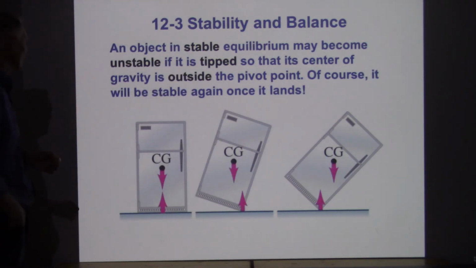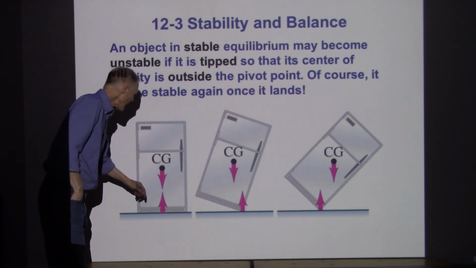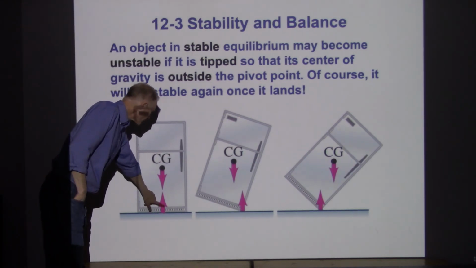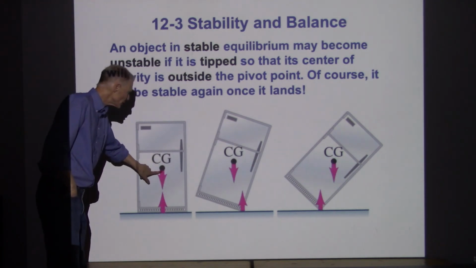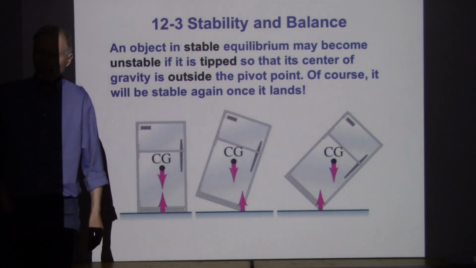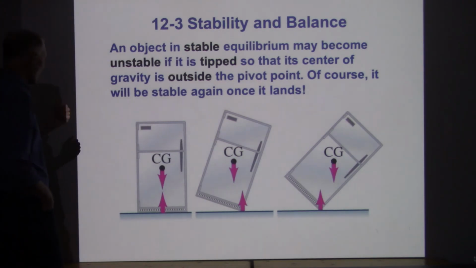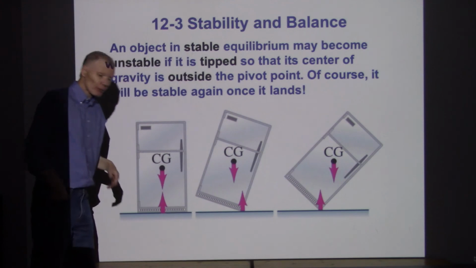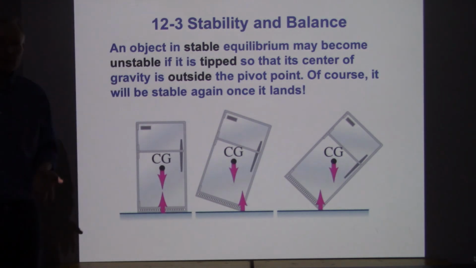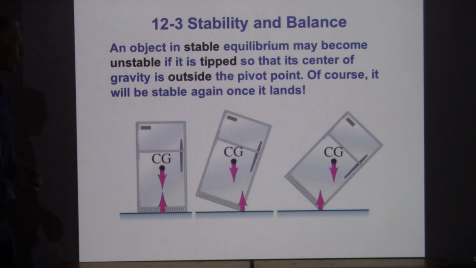Here's a refrigerator, and the two forces acting are the normal force and the gravitational force. So here's N, here's mg. Now, as long as those two forces line up with each other, there's no torques. There's no tendency for this object to start rotating.